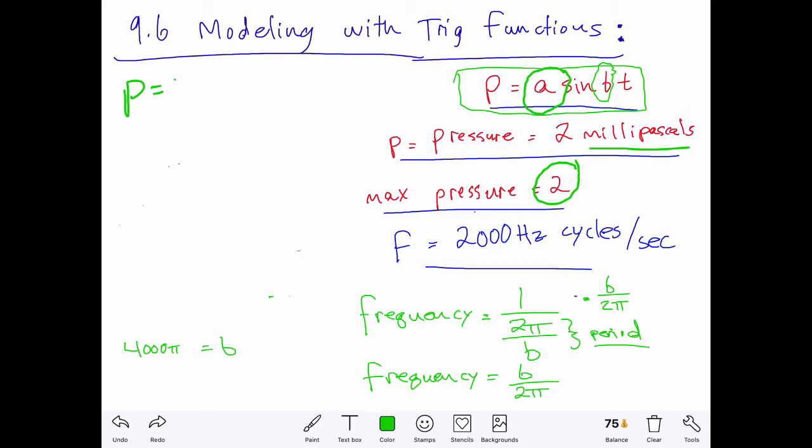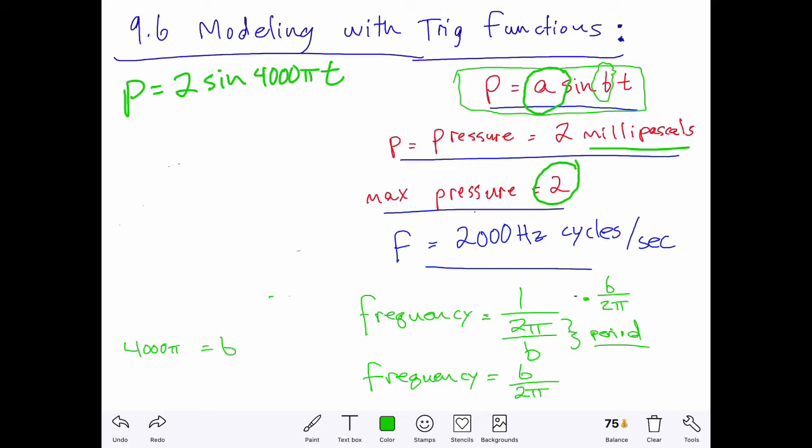Then I'll have 2 as the maximum. That would be my amplitude. That's the most it can go up from the midline. Sine of B, and B we said was 4000 pi times T. And in this case, we're using T for time instead of, say, X, possibly for distance or time there.